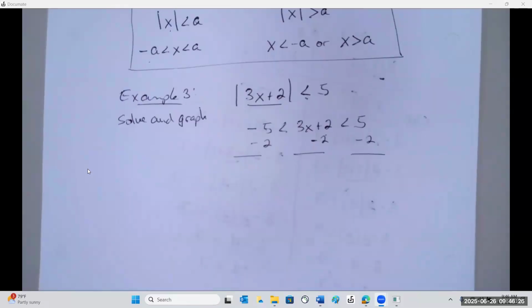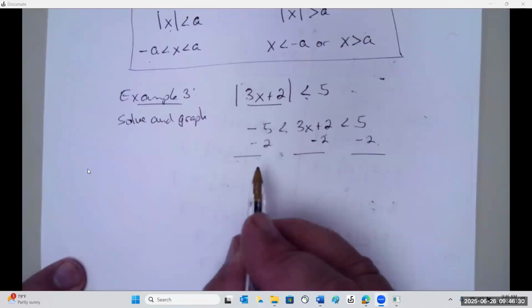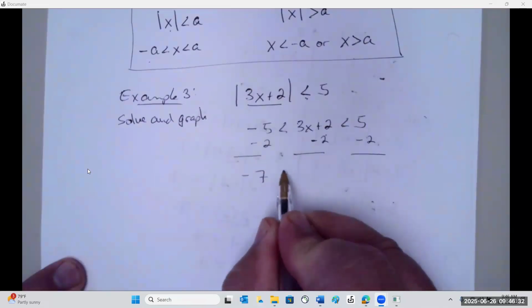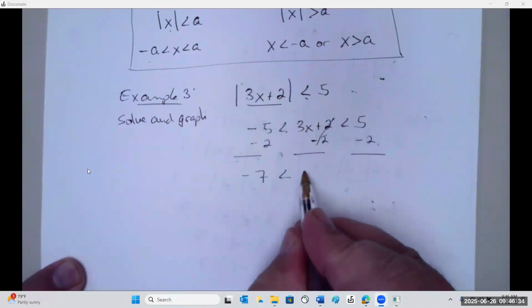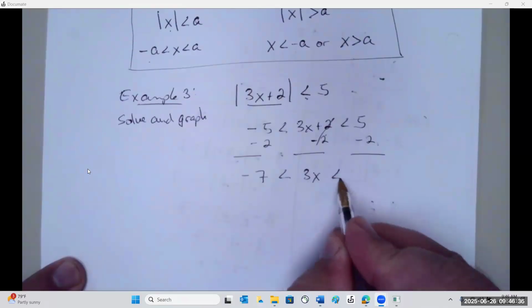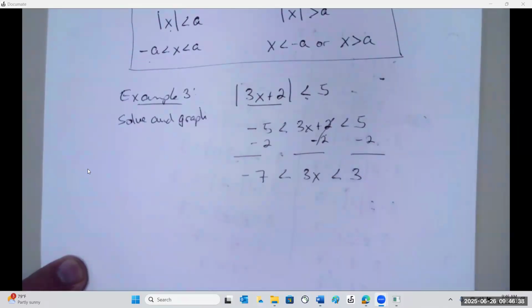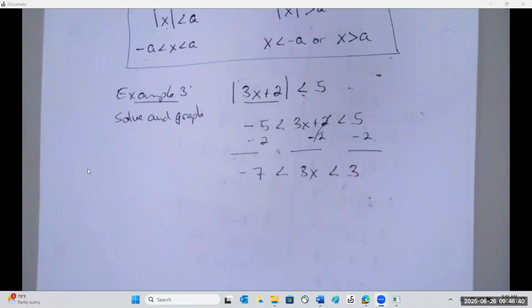Again, we did this in chapter 1 when we did inequalities. Negative 5 minus 2 is negative 7, is less than 3x, is less than 5 minus 2, which is 3. All right, what's the next step?